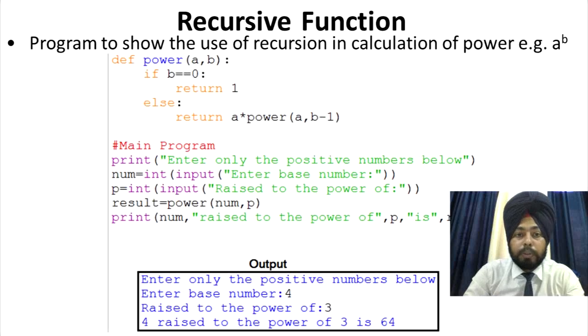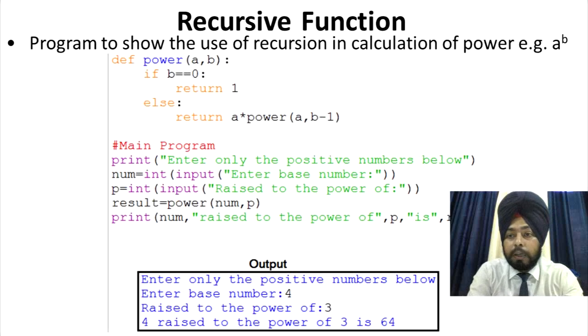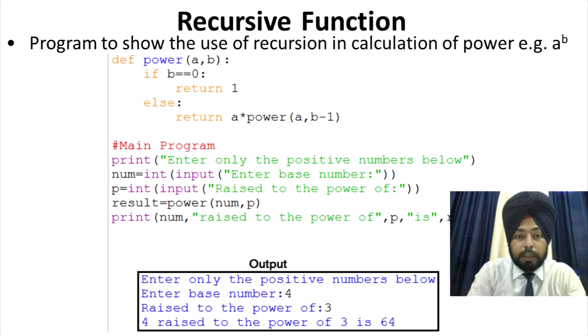Program to show the use of recursion in calculation of power, b is the power of a. So this is the program example given here. Def power, with the values a, b. If b equals 0, then it will return 1, else return this one. We have to return these values.